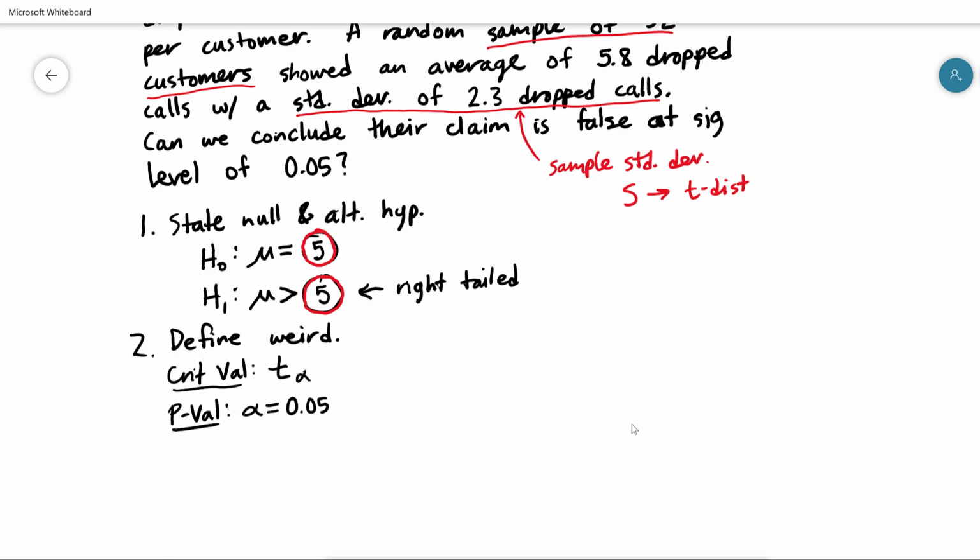All I need to do to figure out this number is recognize that we've got alpha equals 0.05, and we've got our degrees of freedom, which is going to be 52, which is our sample size, minus 1, which is 51. So our degrees of freedom is 51.